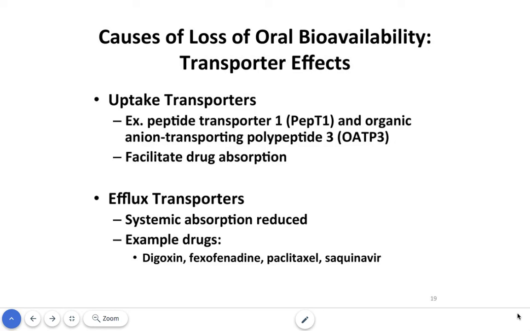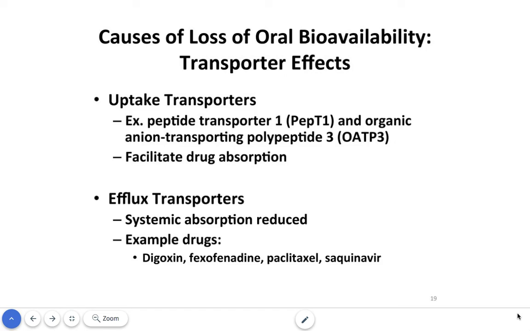These transporters are expressed across the GI tract, and they have been found to facilitate absorption.